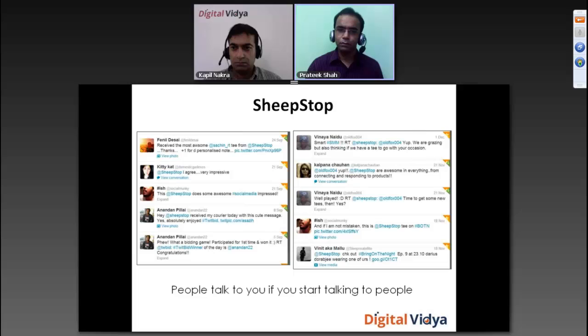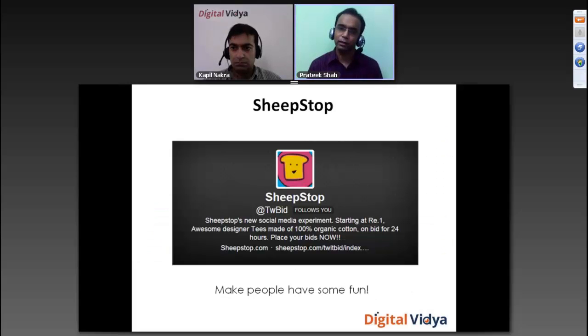Another interesting thing that they're doing is something called TweetBid. What they do is ask people to come together for a contest where they allow them to bid for a t-shirt starting at rupee 1, as it says.